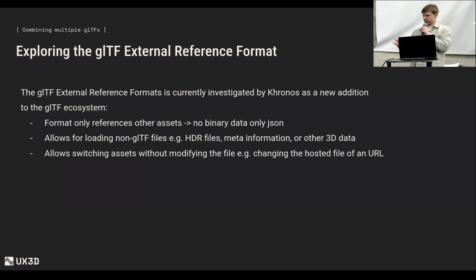For example, it could reference HDR files in the future, or other 3D data, or meta information, or whatever. And it also allows you to switch the underlying data without changing the file itself. Like if you have a new URL inside the file, you can just put a different file, and then it will automatically change without you needing to change the file itself.